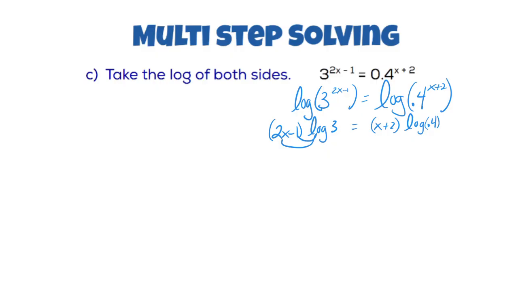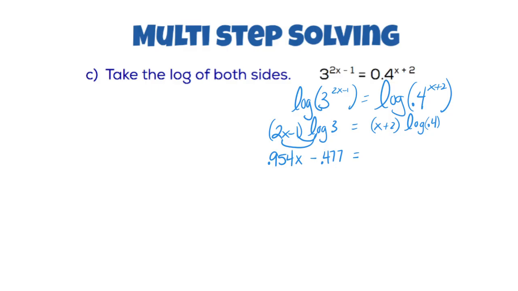So let's see what the log of 3 is. I have a 0.477, but it's going to get distributed, so that is times 2. I get 0.954x minus, when I take it times the 1, it's just that 0.477 equals, okay, now I'm going to do it on this side.